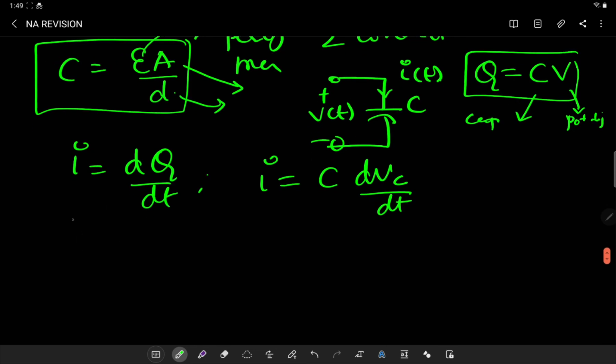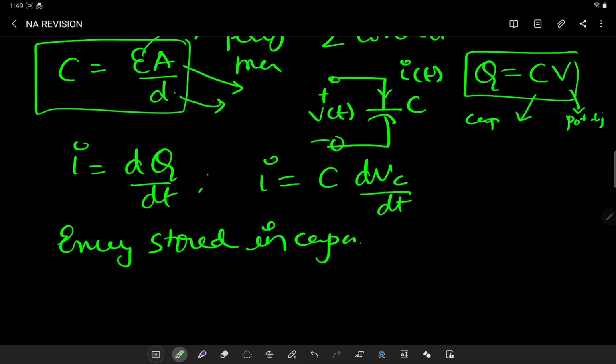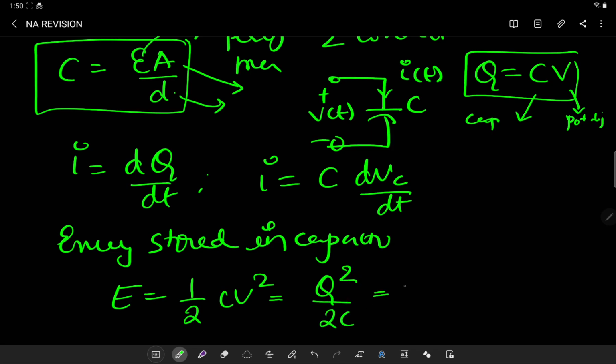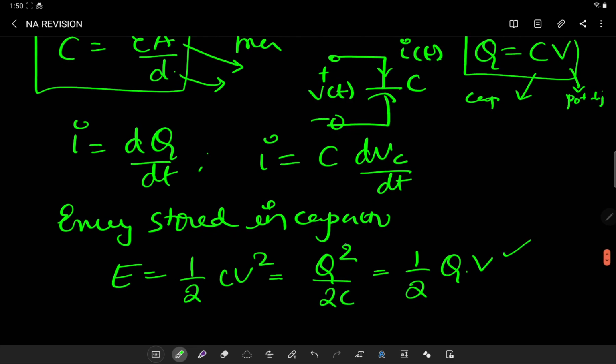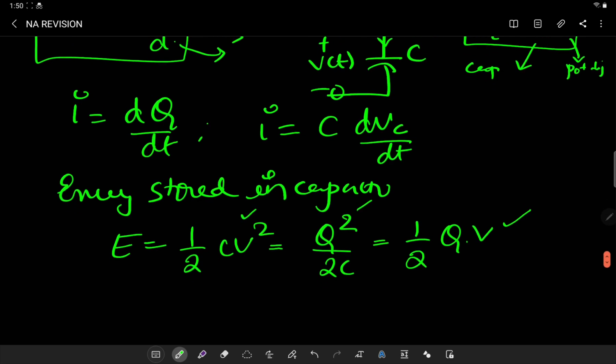Next, what is the energy stored in a capacitor? So I can simply remember E is half CV square or Q square by 2C or half Q into V. So these are the three equations for the energy stored in a capacitor.